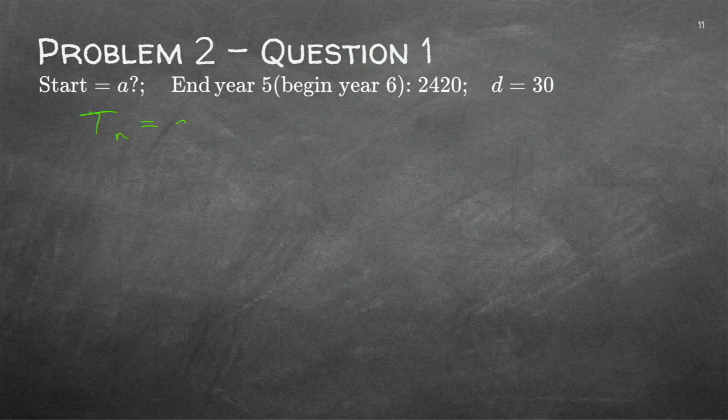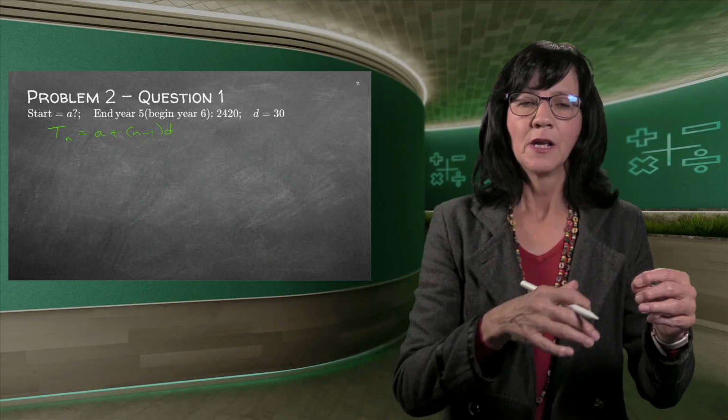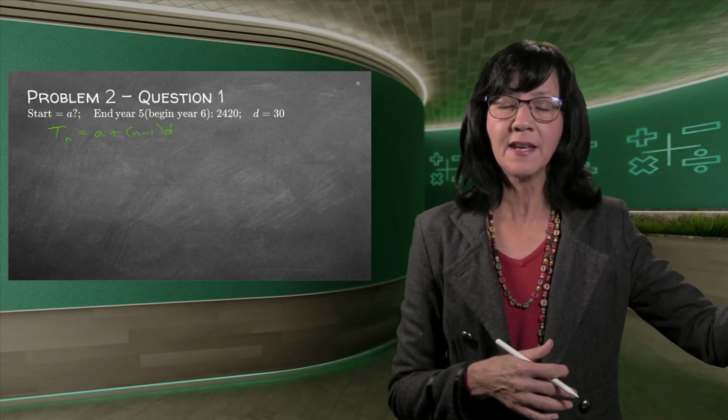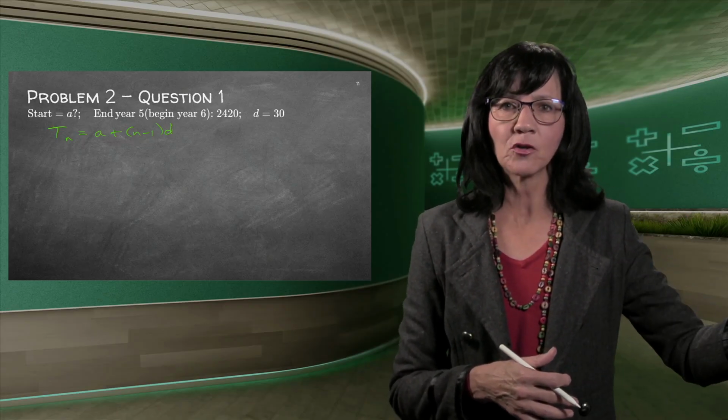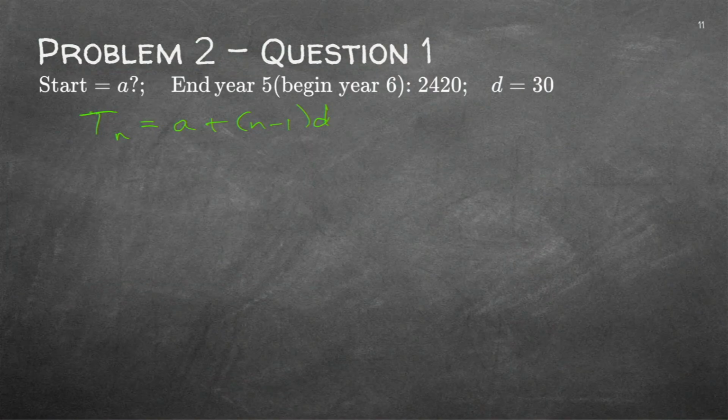I need to write down the T formula. A plus N minus 1 D. Because remember, we started with an amount, A. It got 30 more in 1 year, 30 more in the other year. So if I'm onto my 5th year or 10th year, it will just be the amount where I've added so many 30s. So there's my formula. There is the D. I do not have the A. The A is my question.